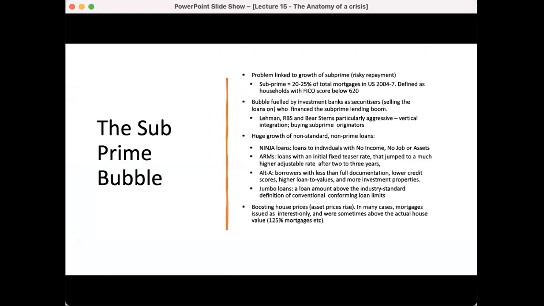where we left it last time was mortgages and the subprime bubble. And the problem here is linked to the growth of the subprime market, i.e. subprime being the non-prime market, the part of the mortgage market.